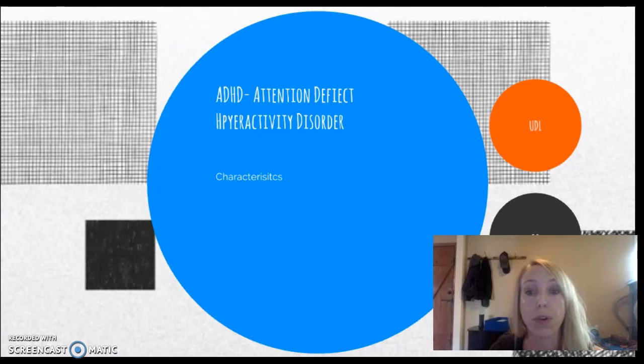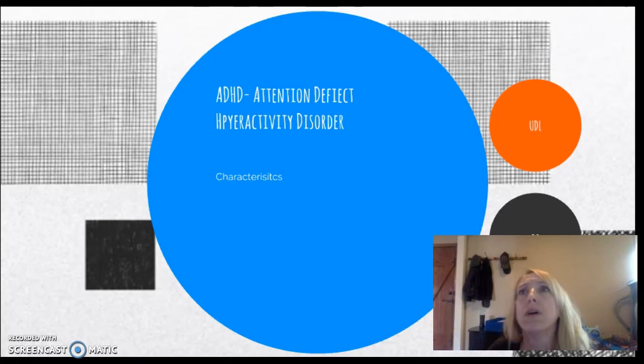Topic 4, attention deficit disorder and attention deficit hyperactivity disorder. Characteristics: there are two types. They're inattentive. Some of those traits are difficulty paying attention, lacking keeping track of supplies, and not listening when somebody's talking to them.